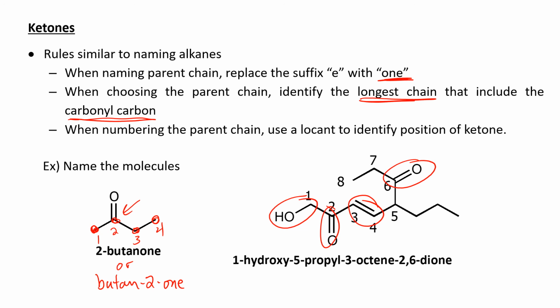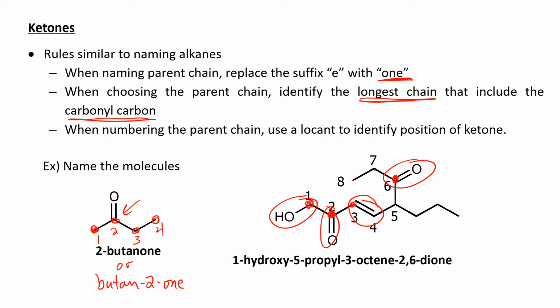And when we number the chain, we give our ketone the lowest possible number versus starting here. If we put that as a 1, then we have 1, 2, 3 versus a 1, 2 for our ketone. So we're going to start numbering down in the bottom left here.